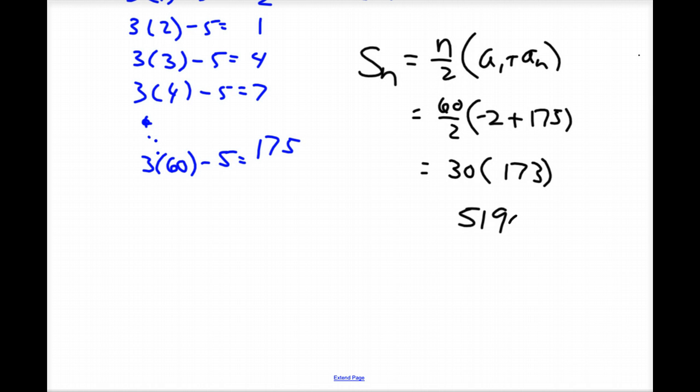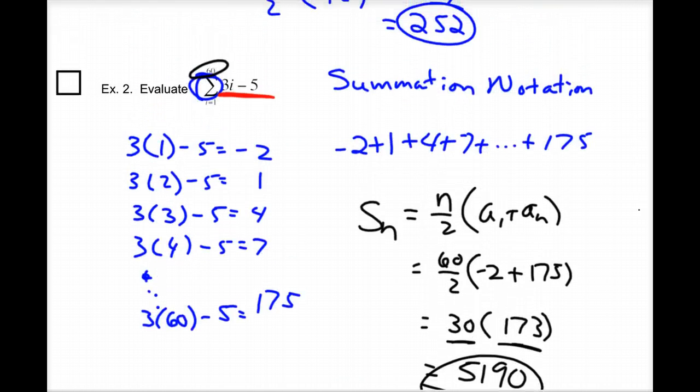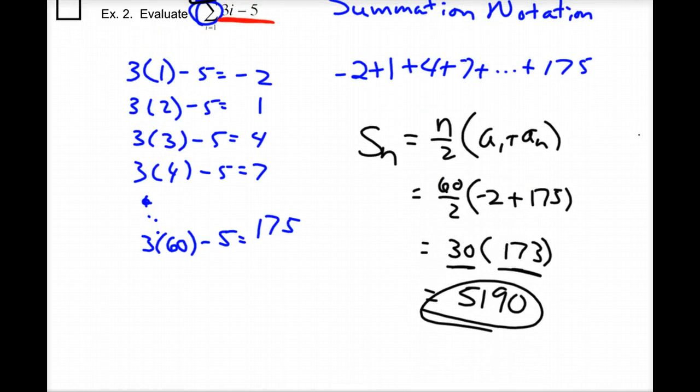And then it was actually 30, so it should be 5190. So we got 30 times 173, better be 5190. That's your overall sum.